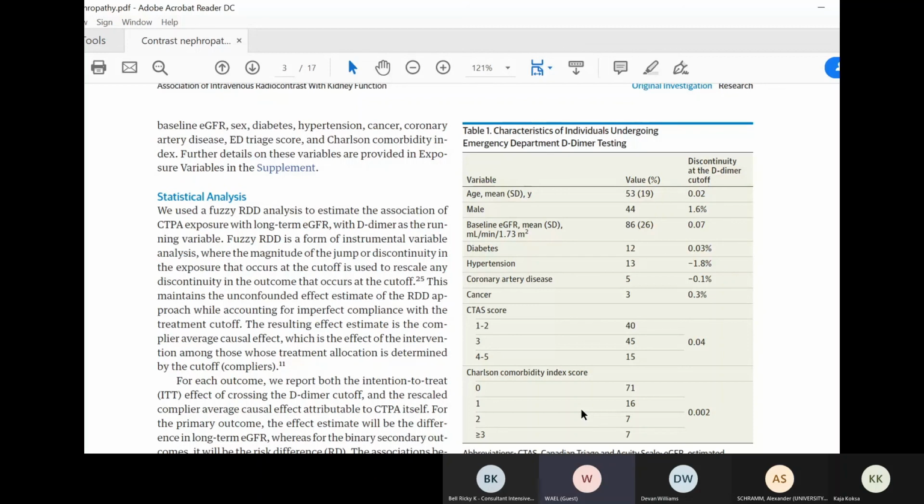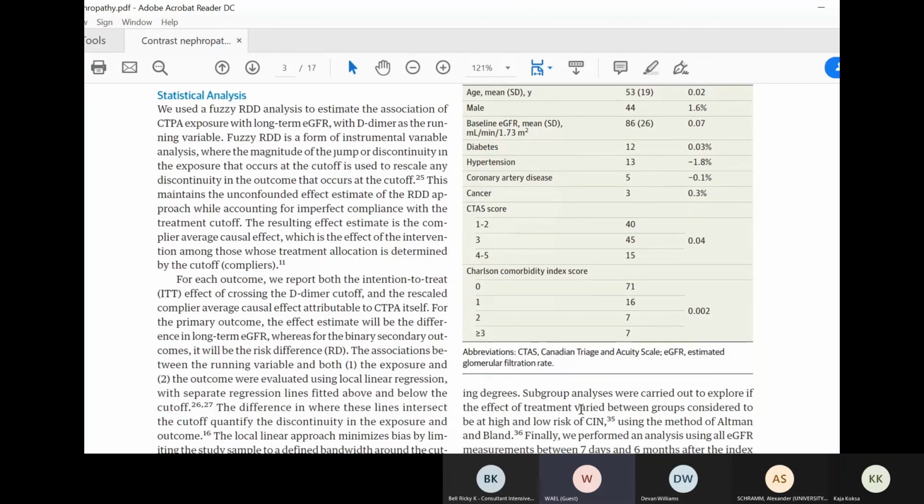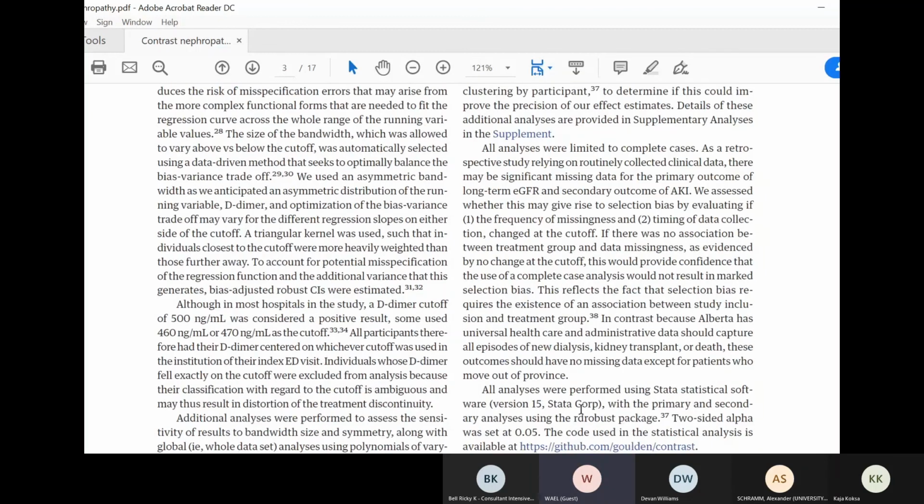Although in most hospitals in the study the D-dimer cutoff was 500, some hospitals used a cutoff like 460 or 470, and in this case they used the hospital's own cutoff point and readjusted it. All analysis was limited to complete cases, so if a case was dropped, it was excluded from the analysis.